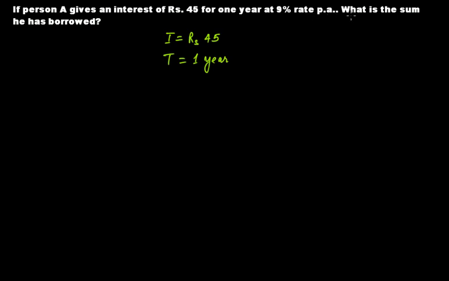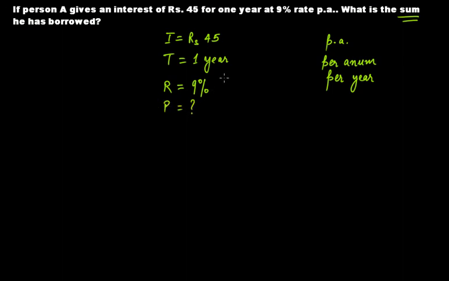Per annum, this P.A. abbreviation, means per annum or per year, right? So the R has been given to us, that is 9%. This is the rate. What is the sum he has borrowed? So you have to calculate P.